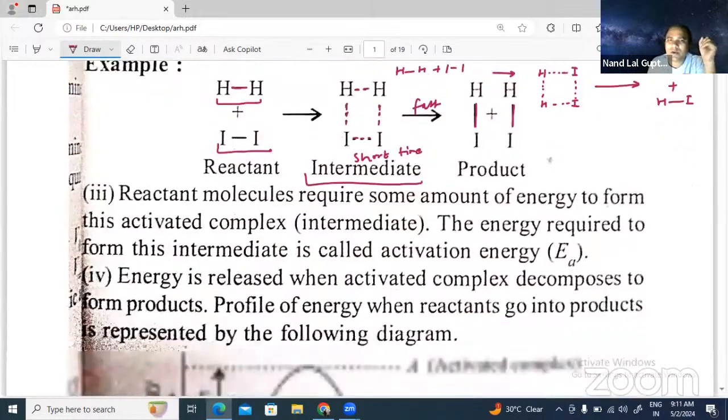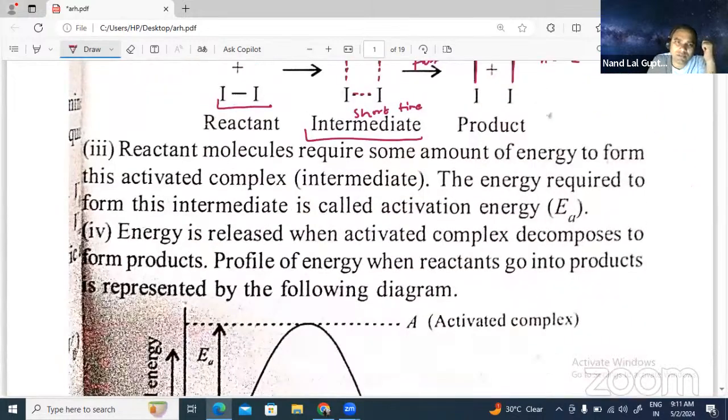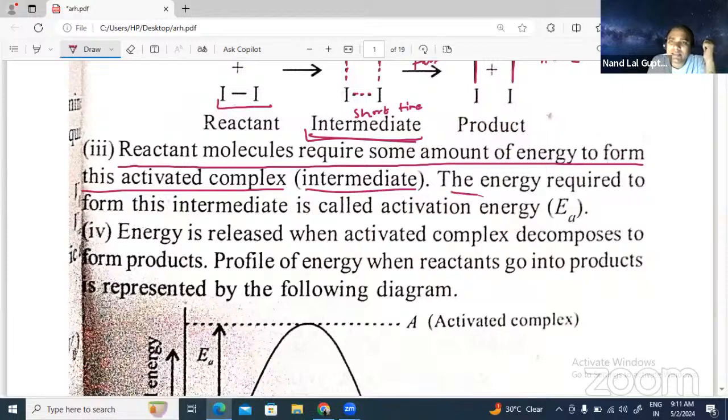Now the third point is extremely important. Reactant molecules require some amount of energy to form this activated complex. Which one? This intermediate complex. The energy required to form this intermediate is called activation energy.